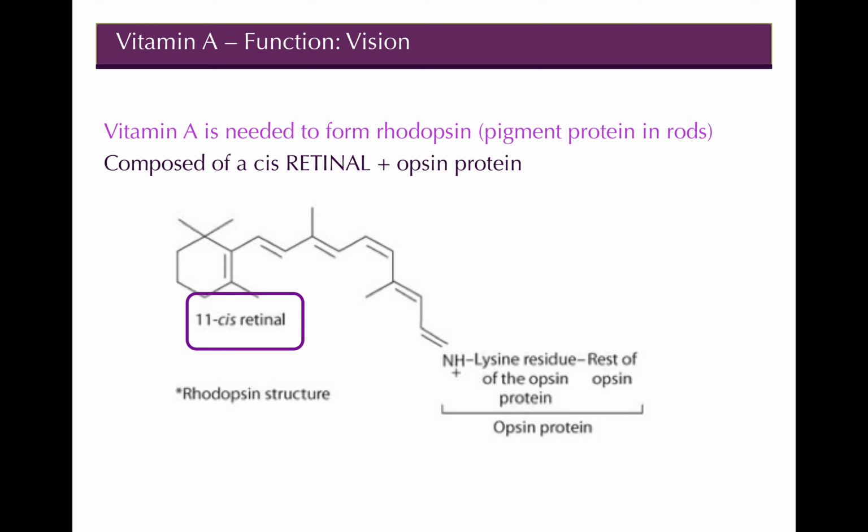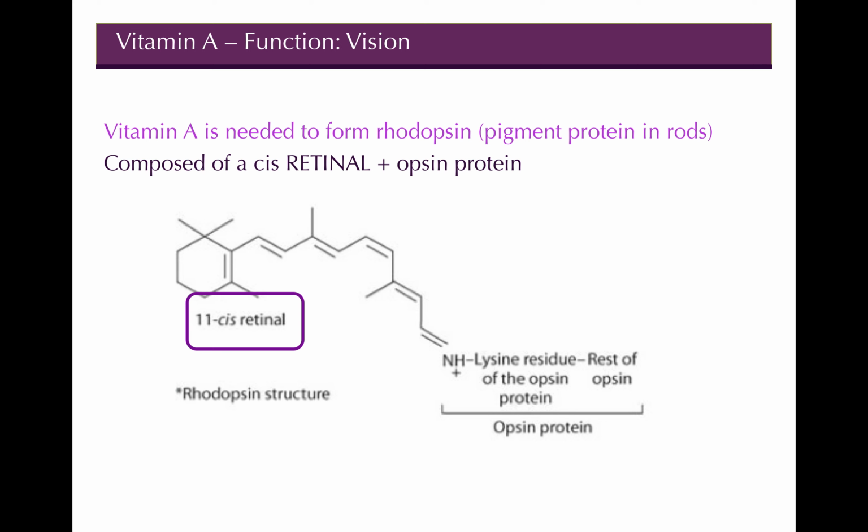And vitamin A, the whole reason that it plays an important role in vision is that you're actually using vitamin A itself to make parts of the retina. In particular, you're making this thing called rhodopsin. And rhodopsin is a protein found in the rods of the retina. So basically, you need the actual vitamin A molecule to see. I think a lot of you have probably learned this in physiology already, so it's more of a review.